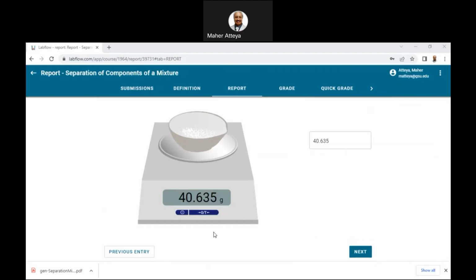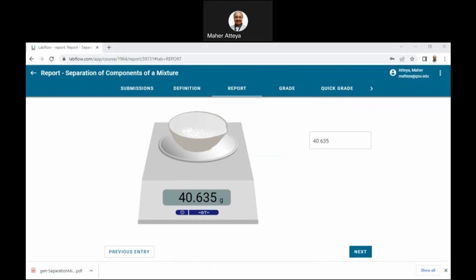Now we enter the mass of the sample with the crucible. So here it is. We have entered the unknown number, correct? This is enter the mass.